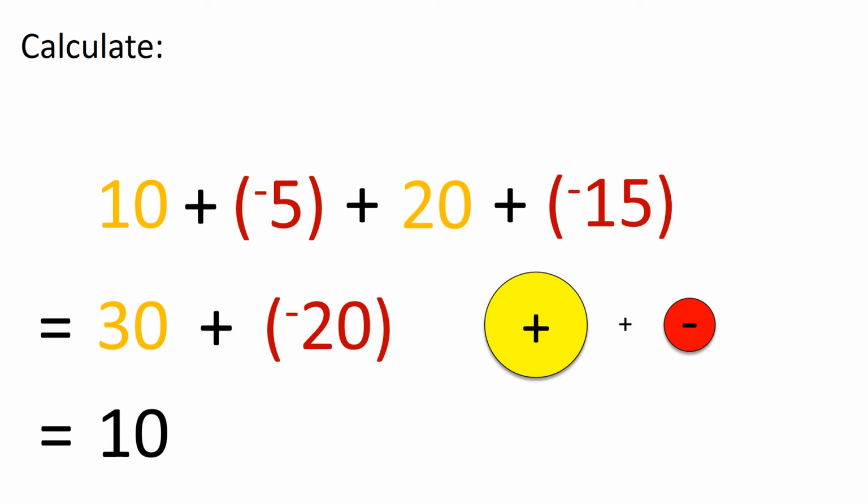Now, another way that we could illustrate this and start to add a little bit more abstractness into their learning is by not presenting numbers like 30 and -20. We could use the concept of these larger and smaller circles. The larger yellow circle here indicates that we have more positives than we do negatives because the negative circle is smaller.